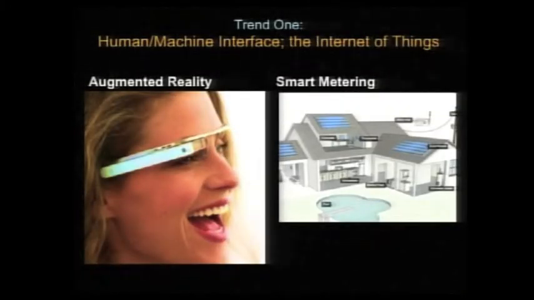So let's look at 1. Human-machine interface, the Internet of Things, augmented reality, Nokia, Apple, Google, all coming up, Google coming out with a beta version of Google Glass. All this augmented reality is coming our way. And it's actually going to speed up this interface between humans, made of flesh and blood, and the world of technology, mechanistic devices.